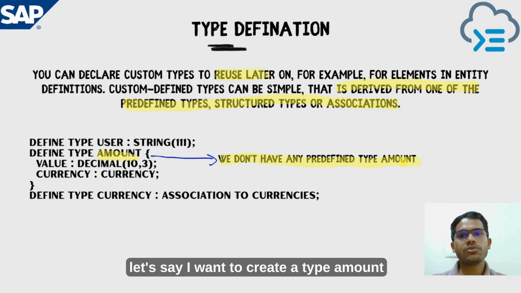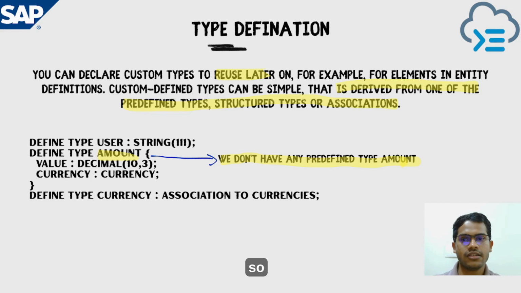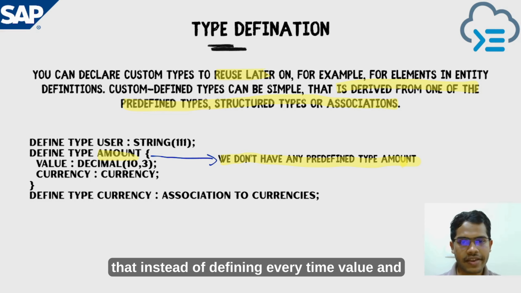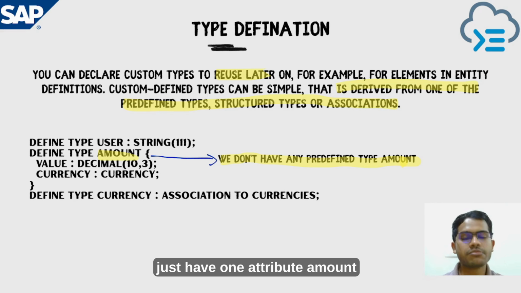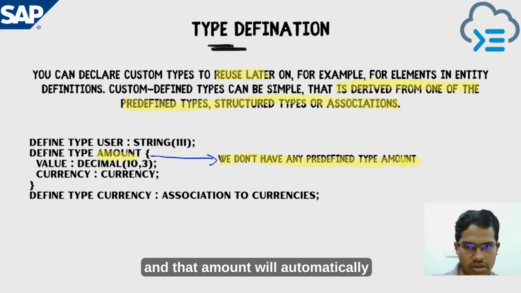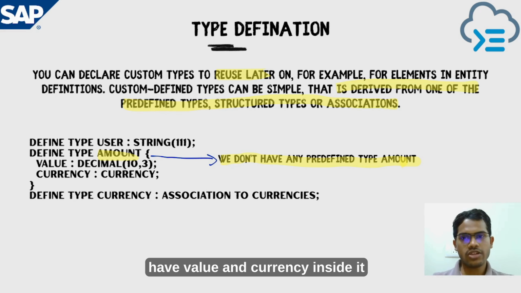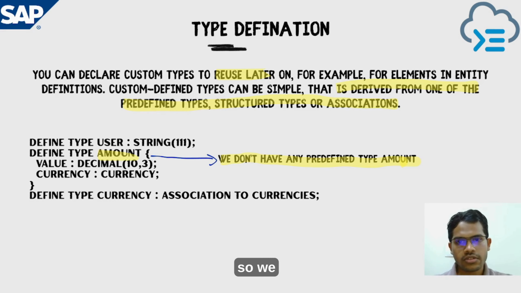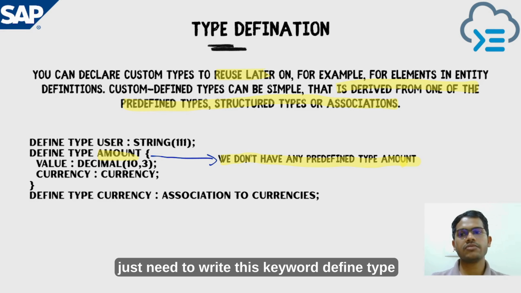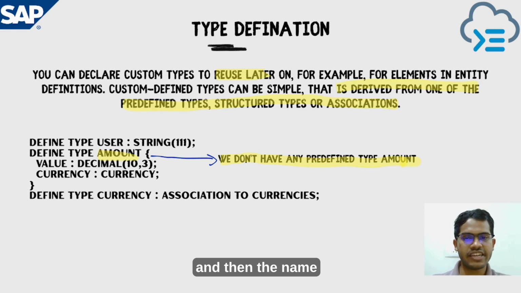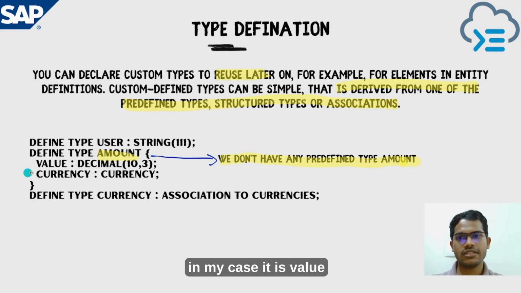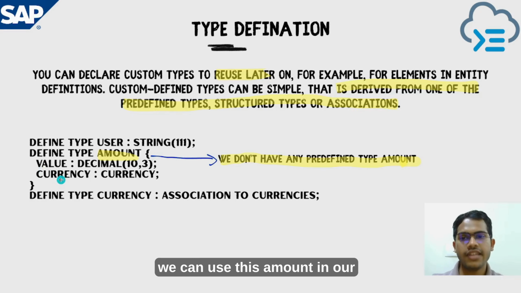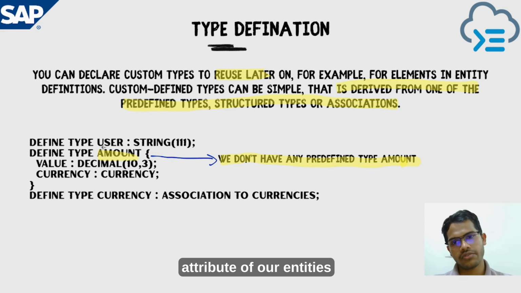Let's say I want to create a type amount, so that instead of defining value and currency every time inside my entity, I can just have one attribute amount, and that amount will automatically have value and currency inside it. We just need to write the keyword define type and then the name of my type, and the predefined types it is going to store. In my case it is value and currency. Then we can use this amount in the attributes of our entities.